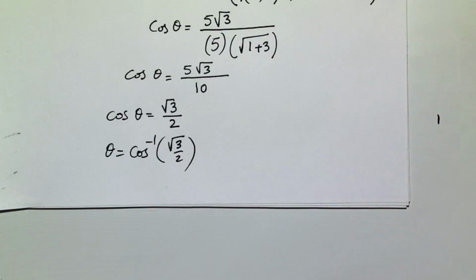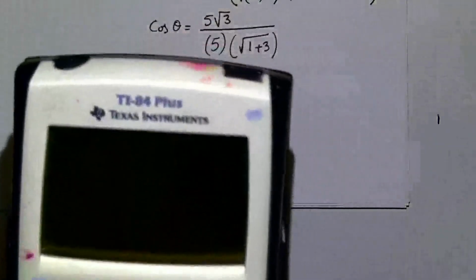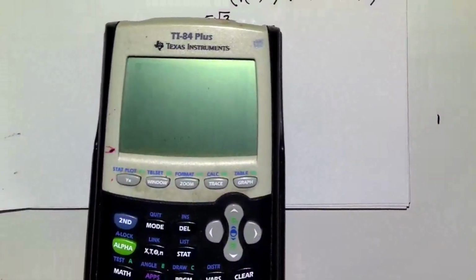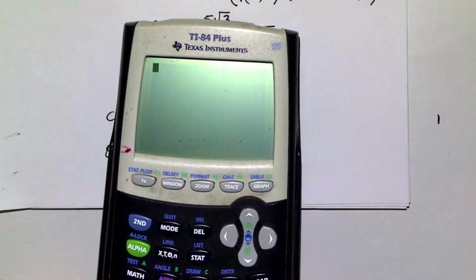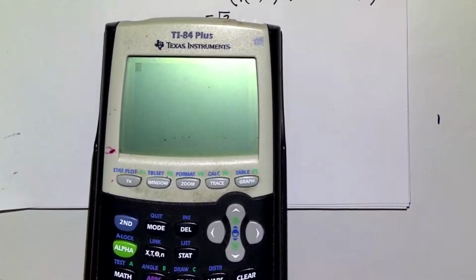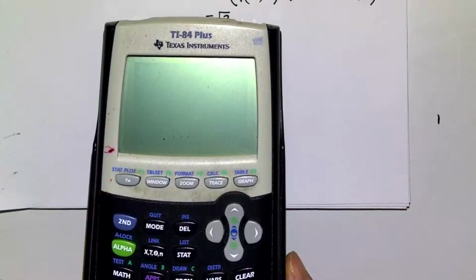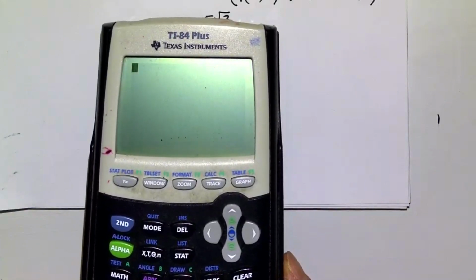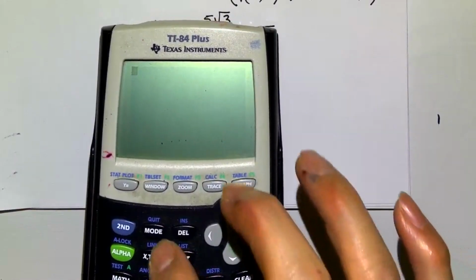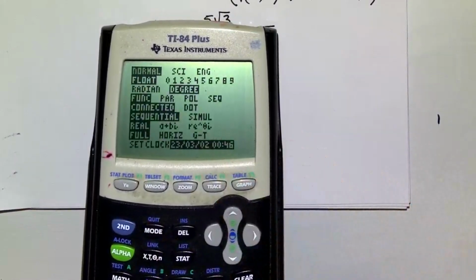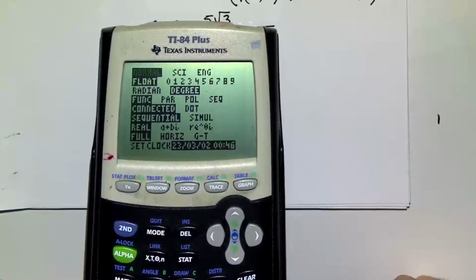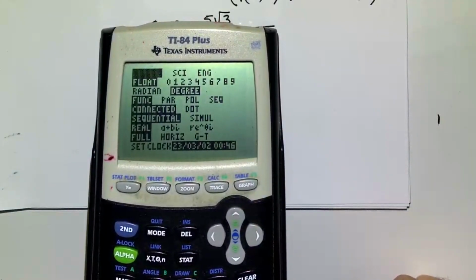But if you want, let's do that on the calculator, because it is important that you should know both ways. You should remember it from the special values table, or you should be able to use your calculator to calculate that. I want to make sure that my calculator is set to degrees before I carry out this operation. You can see that it is set to degrees, so I'm okay.